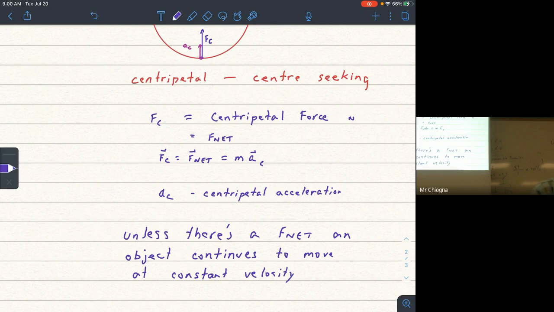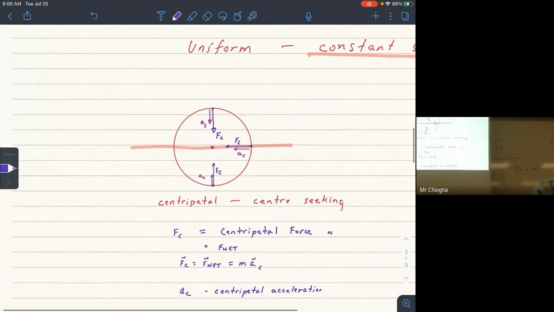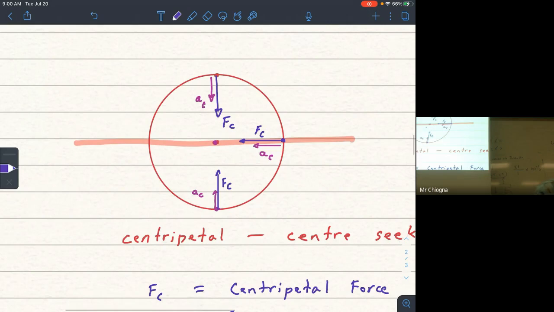Okay, so let's go back. How does that pertain to this diagram? Well, at each point, let's draw the velocity. At the top, I'll call position 1. Remember, the object's moving this way. I want to draw a different color because otherwise it gets confusing.